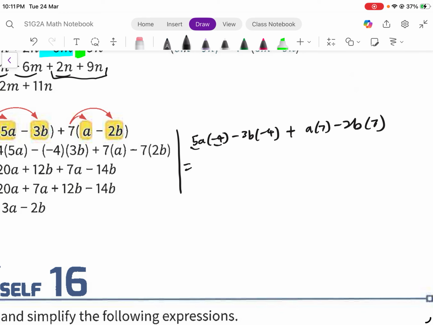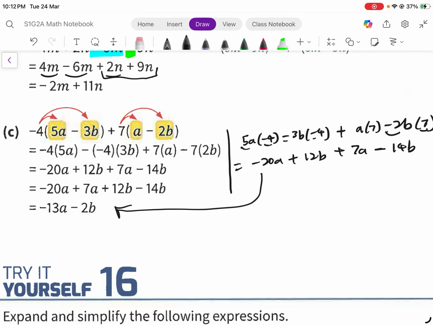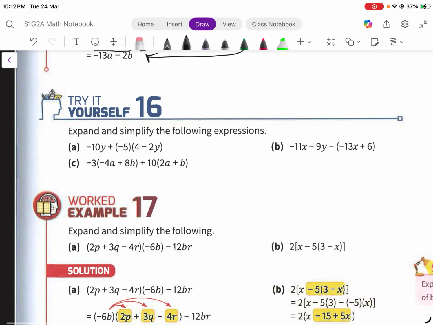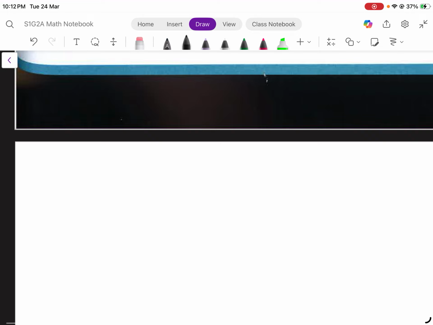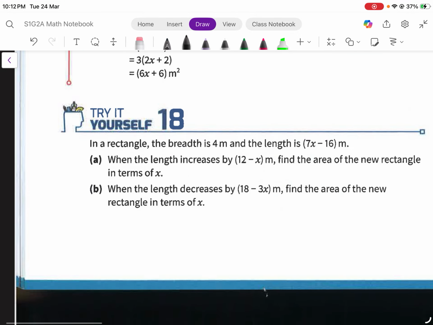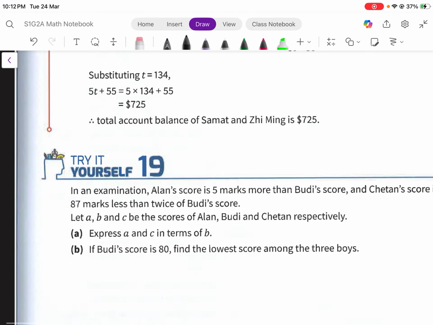So 5 times minus 4 minus 20a, minus minus plus 3 times 4, 12b, plus 7a minus plus is minus 14b. Okay, then you resolve, you get the same answer. Okay, put the like terms together if you need to get your answer. Okay, so pause the video, give this a try. Don't worry, we will only have another few more questions.